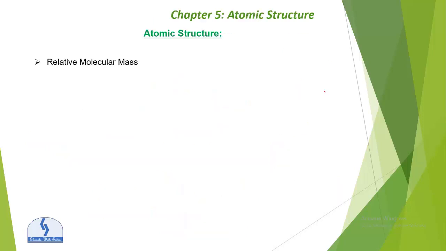Now, the next topic is relative molecular mass. What is relative molecular mass?